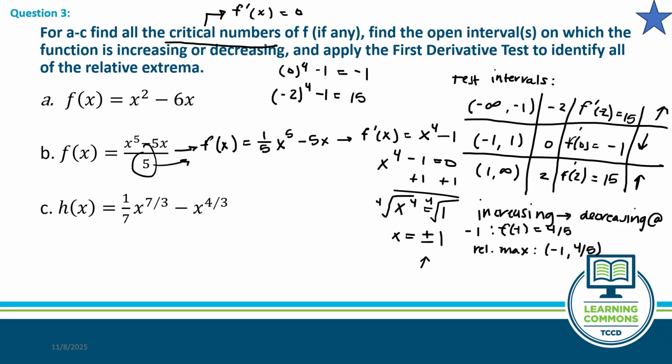Sorry, that should be a minimum, excuse me. And then decreasing to increasing at 1 will be 4/5 as well.